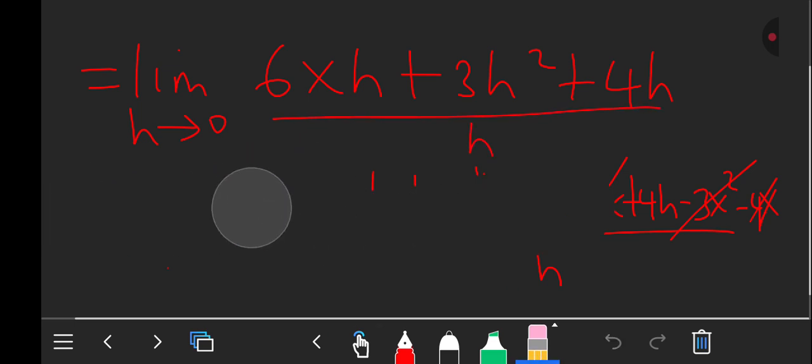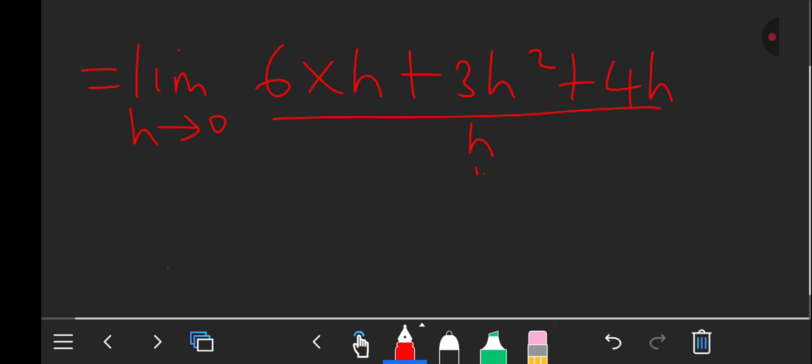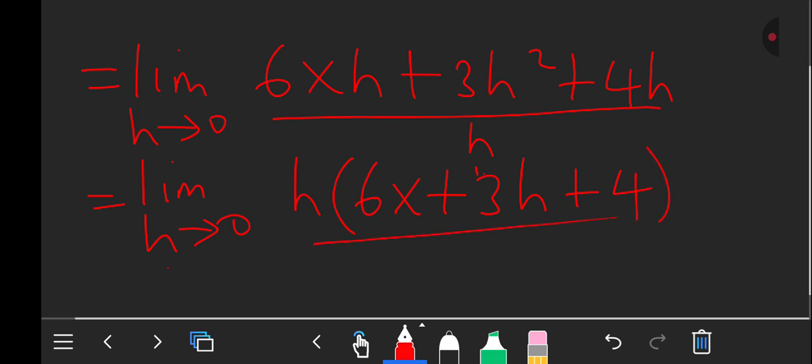So I can do some factorization here. What is common? h. So I can factorize h, then I'll remain with 6x plus 3h, then plus 4, over h.